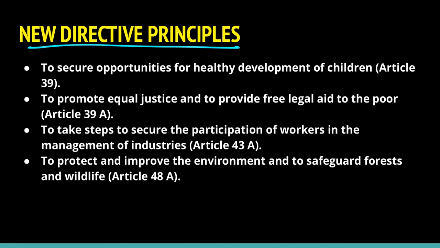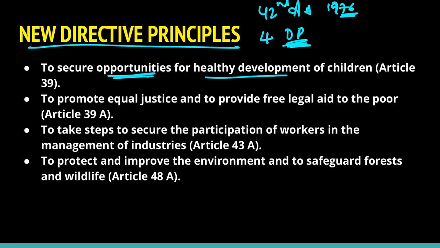New Directive Principles. The 42nd Amendment Act of 1976 added 4 directive principles to the original list, and they require the state to secure opportunities for the healthy development of children under Article 39. Under Article 39A, it promotes equal justice and provides free legal aid to the poor.